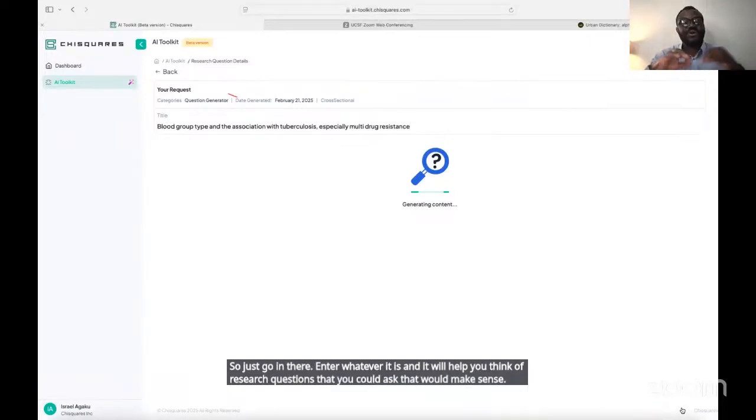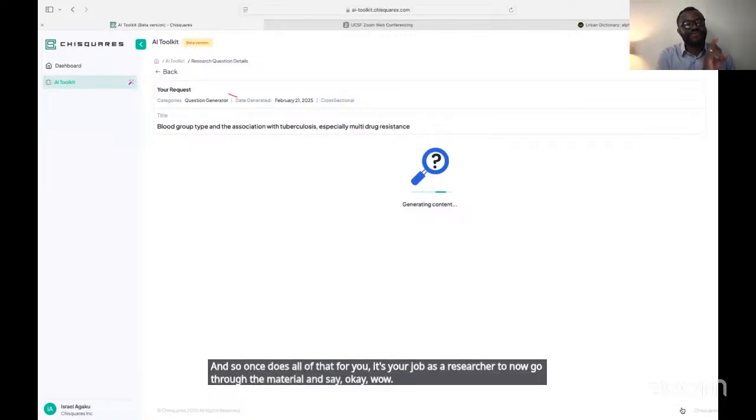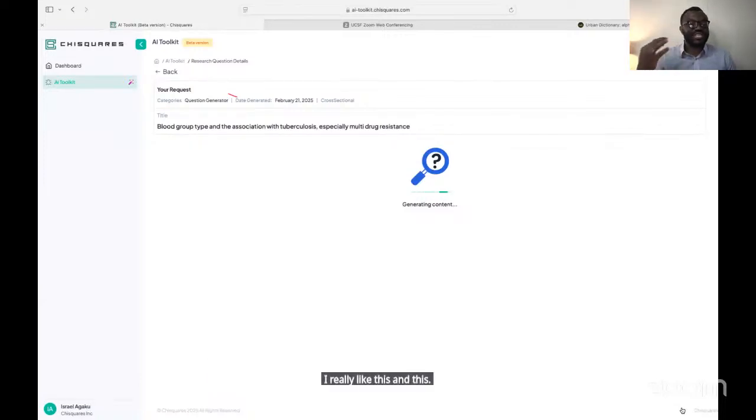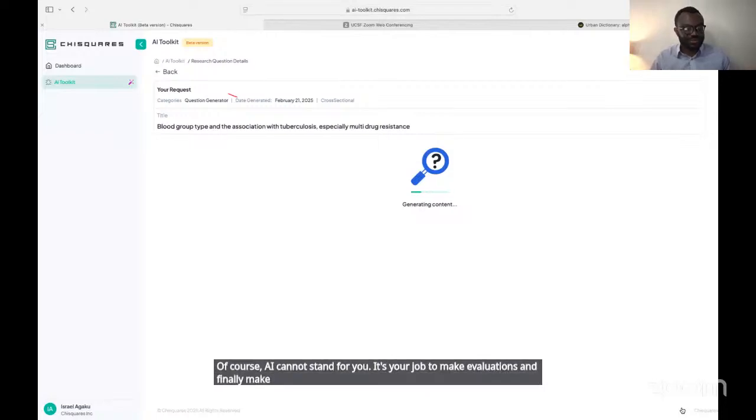Once it does all of that for you, it's your job as a researcher to go through the material and say, okay, wow, I really like this and this, so I'm going to develop those ones further. Of course, AI cannot stand in for you. It's your job to make evaluations and finally decide what you want to do with your research.